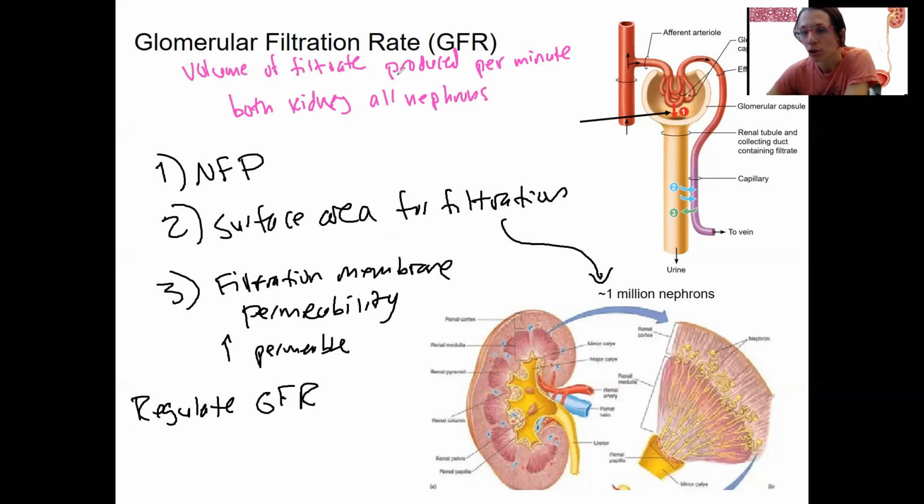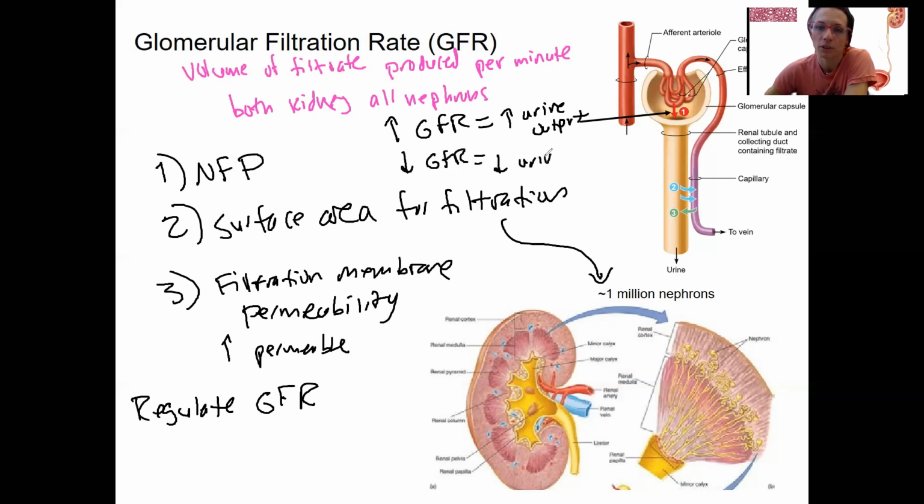So the volume of filtrate produced, a high GFR, what do you think? That's going to mean we have higher urine output. A low GFR, that's going to mean we have less urine output. So it's the first place where we can regulate urine production. Of course, we're going to regulate reabsorption and secretion as well.